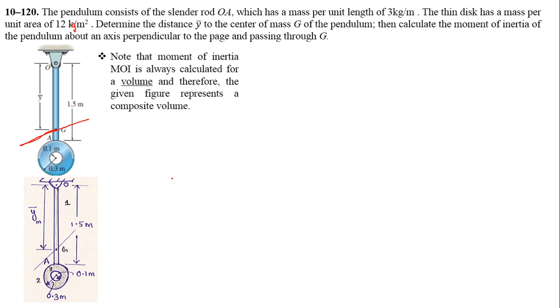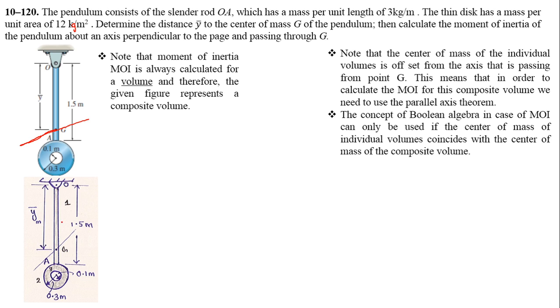So we have calculated center of mass, centroid and center of gravity in chapter number 9, and we did one problem, I remember, using volumes. So in this problem we're going to use the same concept.